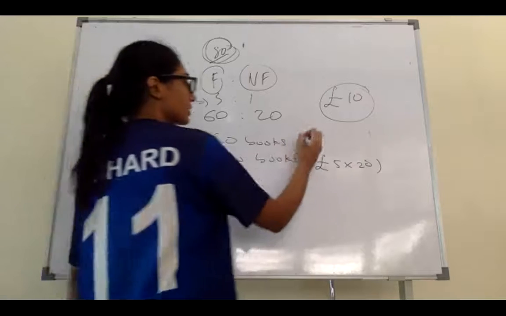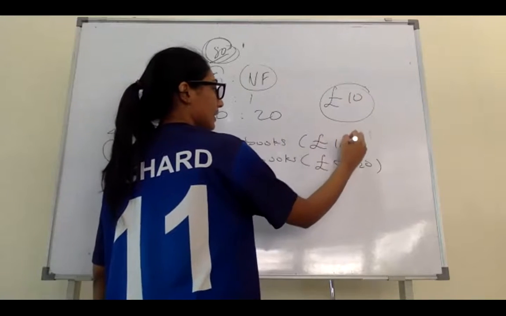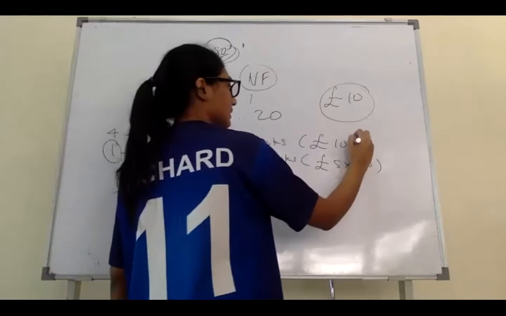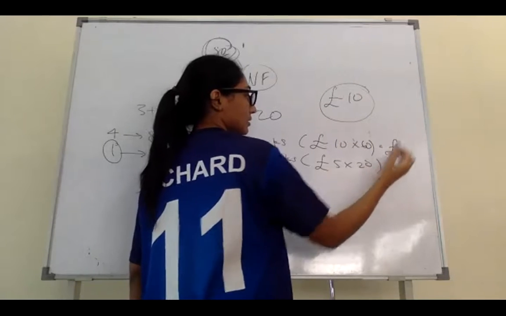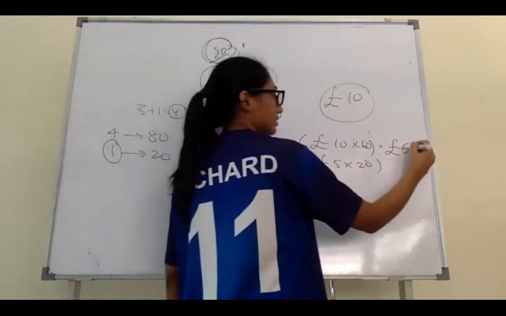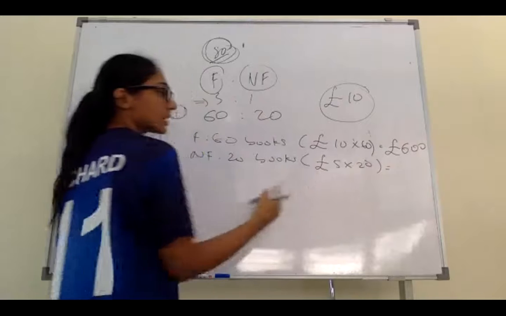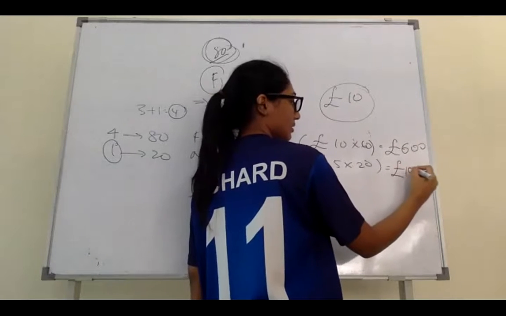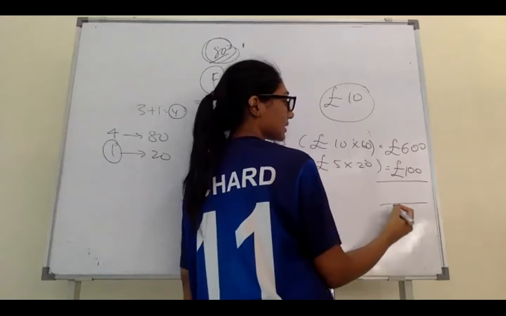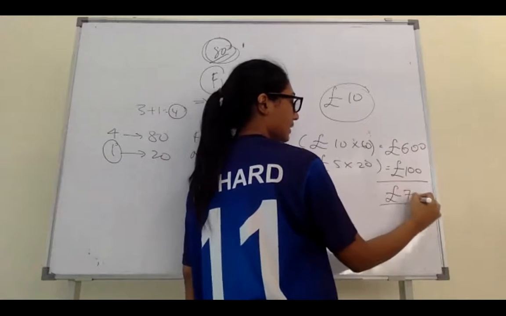They will not reduce it. So 10 times 60 is 600. And then 20 times 5 is 100. So altogether, how much did she sell for? 700.